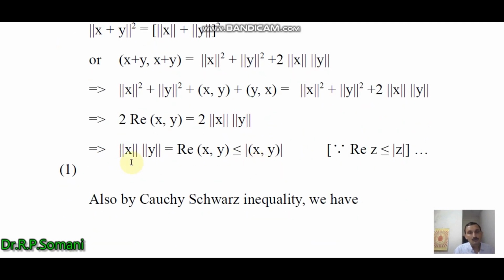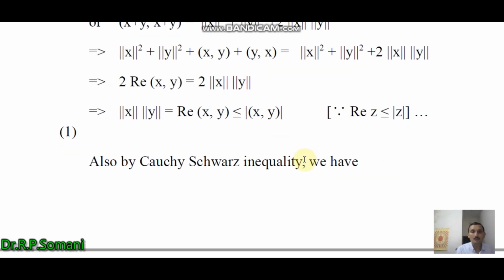Therefore norm x norm y equals the real part of the inner product of x and y, which is always less than or equal to the modulus of the inner product of x and y, because the real part of z is always less than or equal to the modulus of z. We denote this as equation number 1.